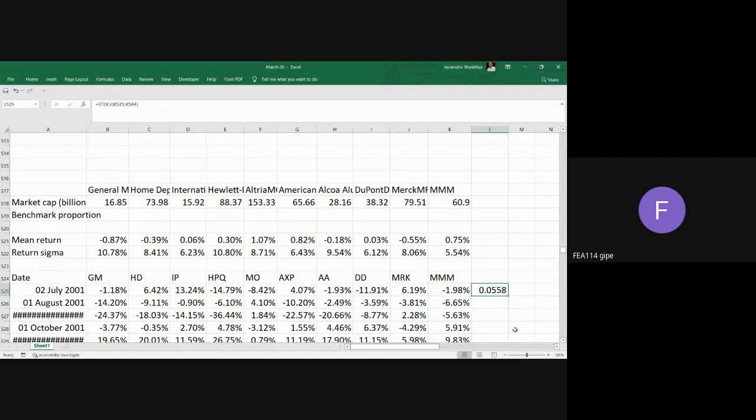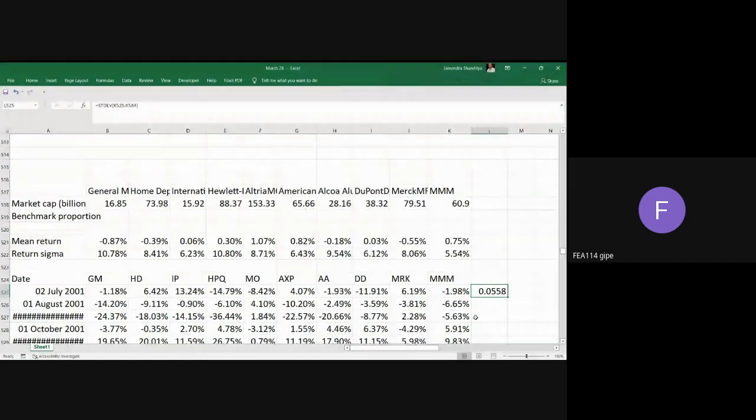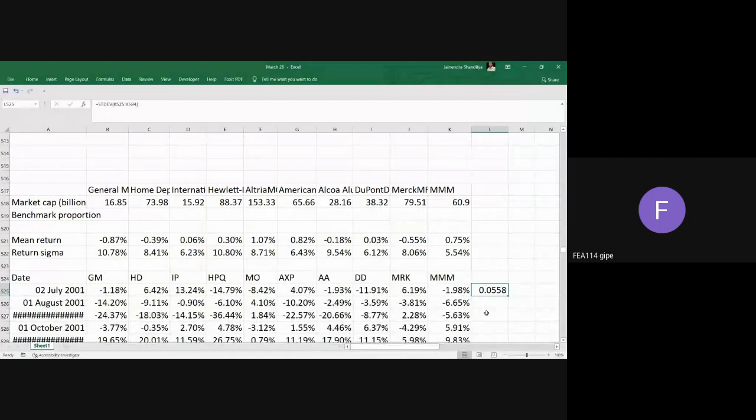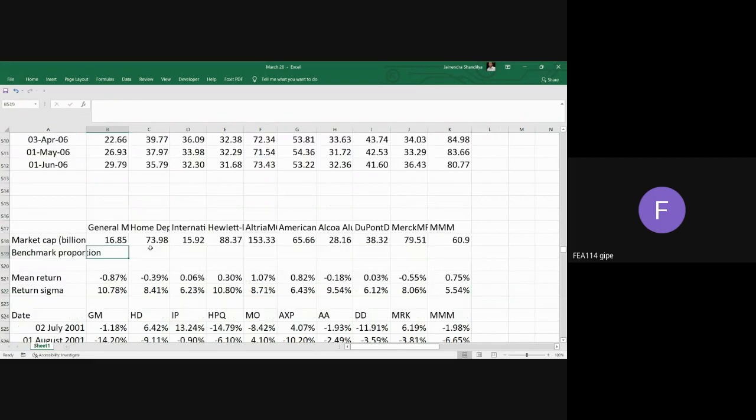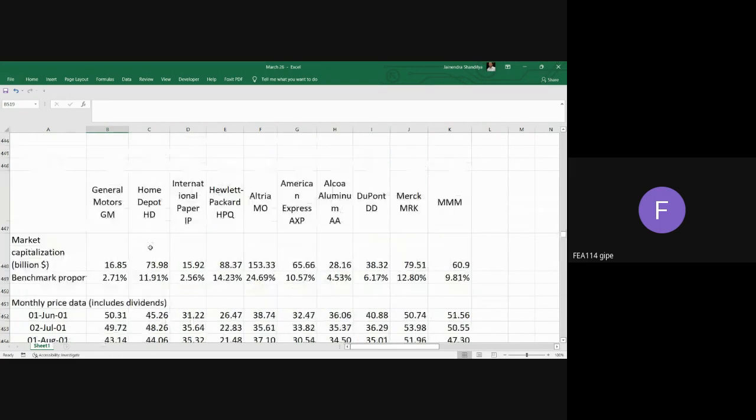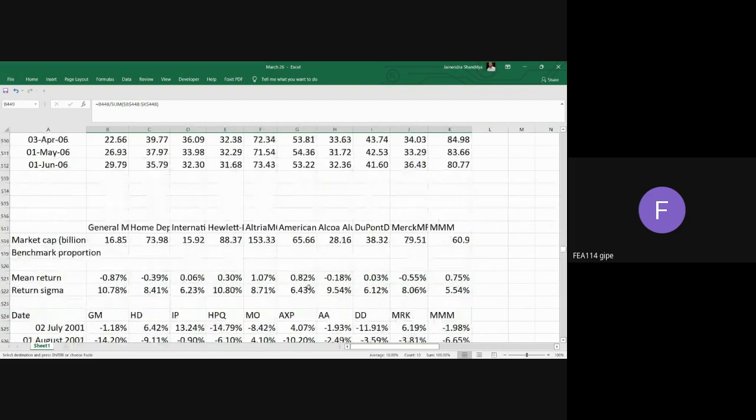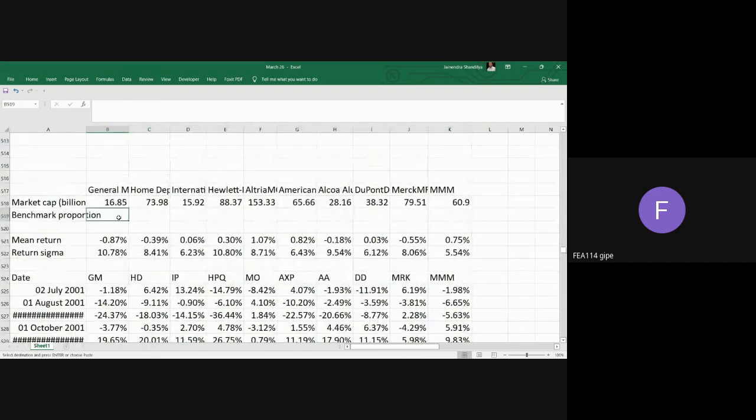If I take it in percentage, it will come close to 5.54%. Remember, I did it for population. If I do it for sample versus population, it will be slightly different, but there's nothing to worry about. Just ignore that. So our return sigma is nothing but the standard deviation. Our benchmark proportion we have already calculated, so we just copy it from here and put it here so that we know what we have to do.